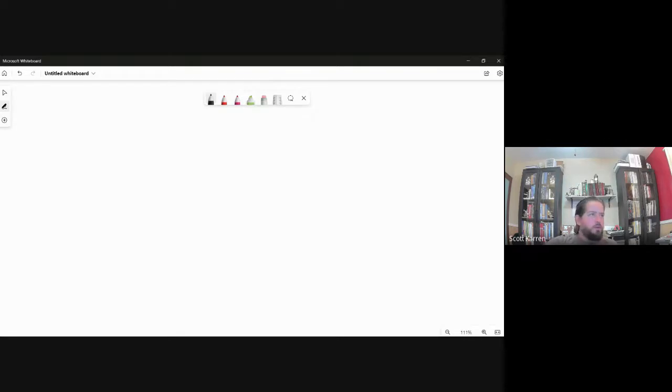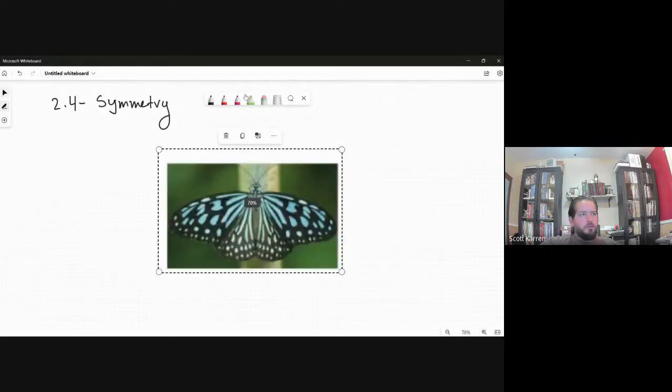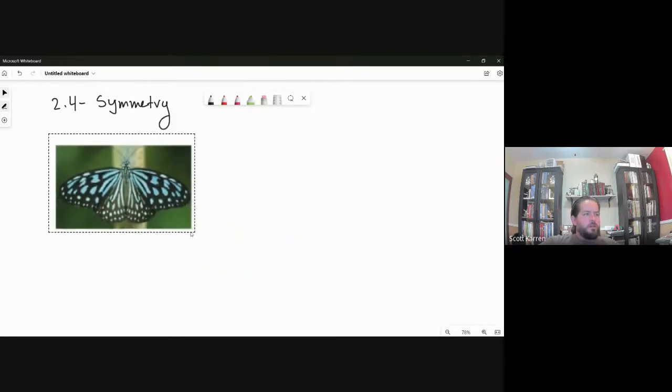So 2.4 now talks about symmetry. Let me see if I can remember how to snip. Yep, I can. There we go. How beautiful. So we've got this little butterfly, right?